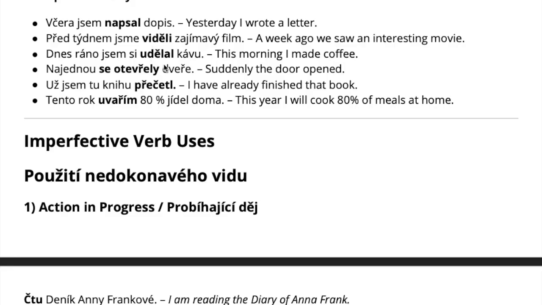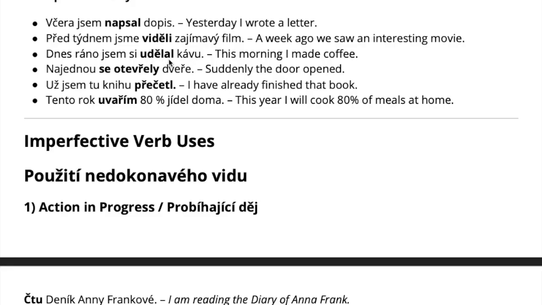Dnes ráno jsem si udělal kávu. This morning I made coffee. If I want to say that I make coffee every morning, it's not going to be udělal, but dělám. So this is an example in past tense, but even if I would try to say this in future or present or past, you know that perfective verbs do not actually have a difference between future and present, but imperfective verbs do have the difference between future, past, and present.